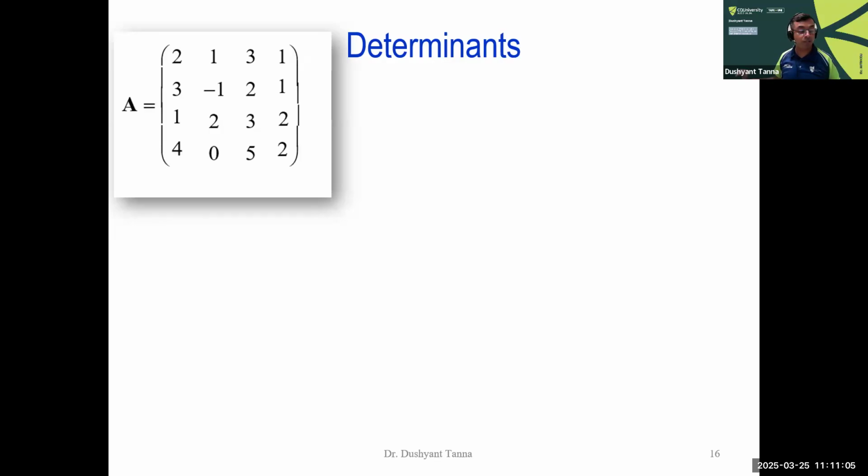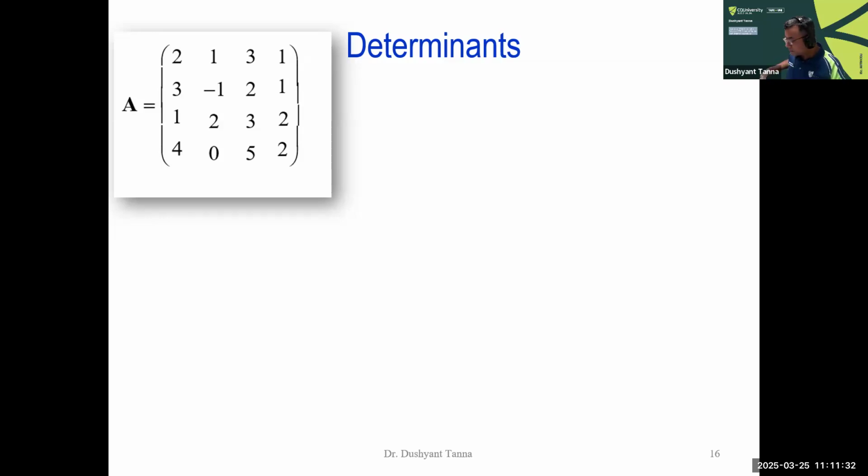If there are 3 zeros in a row or column, that's where I'm expanding from. And if there are 4 zeros in a row or column, I don't need to do anything. The determinant is 0, because it contains a row or column with all zeros. So in our instance, I can see the 4th row has a second element 0, so I'll start from there.